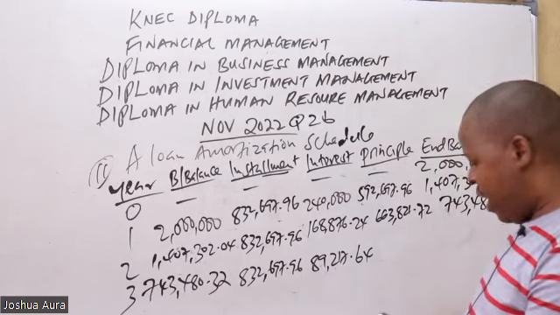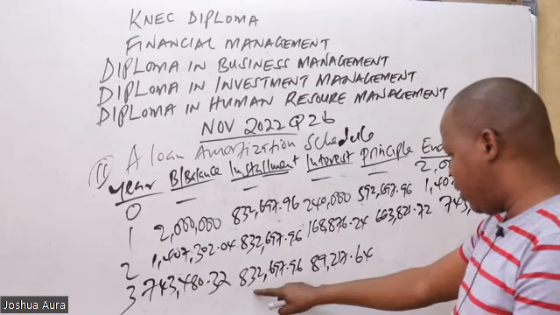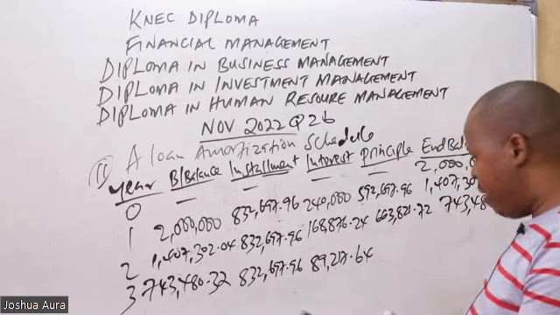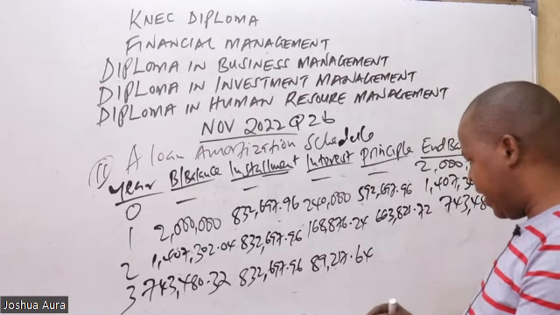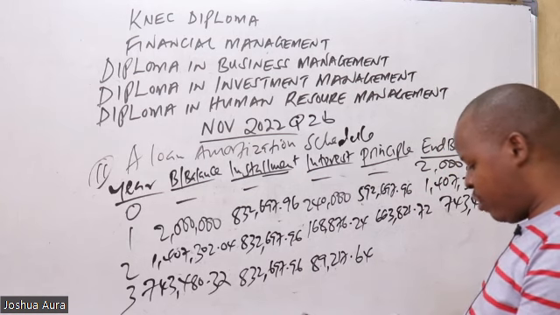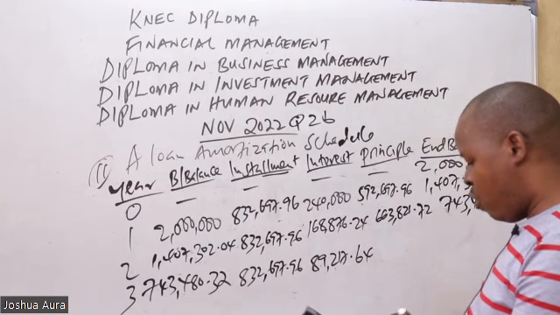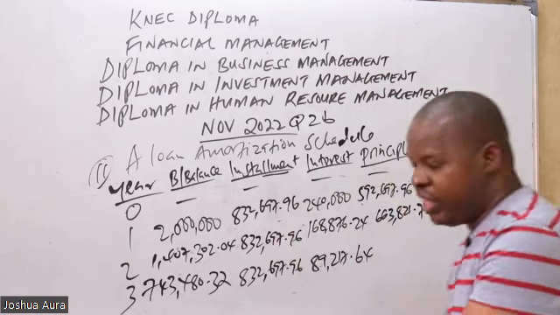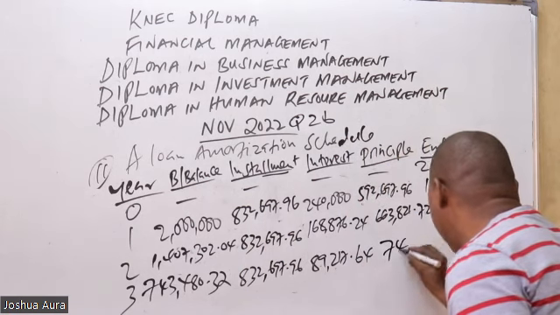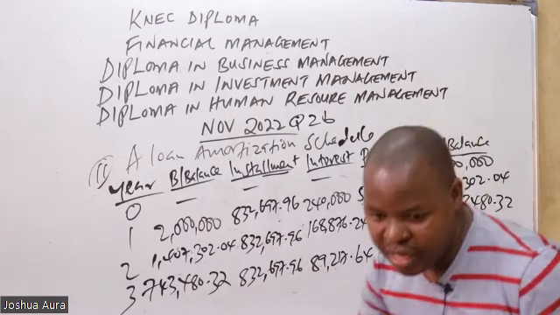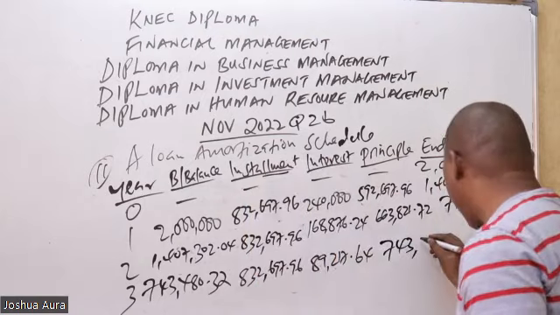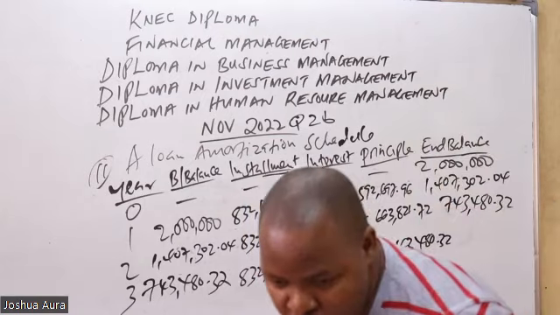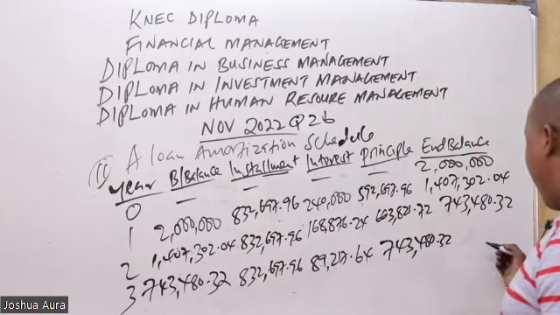So it will be 832,697.96 minus interest, which is 89,217.64. What are we getting as our principal? We are getting 743,480.32.